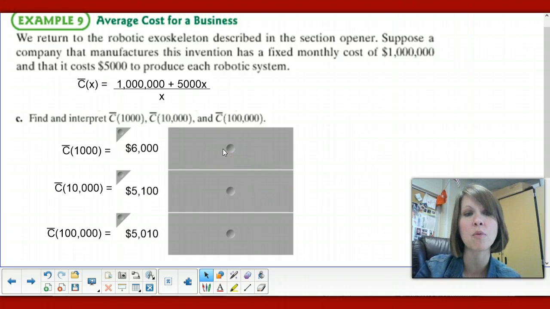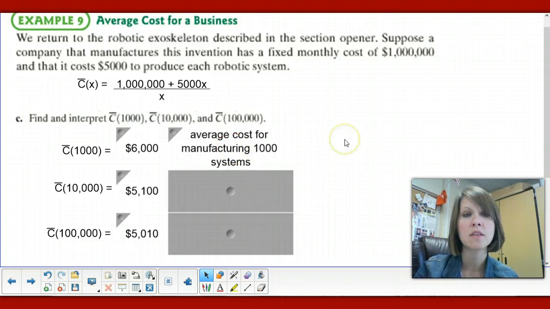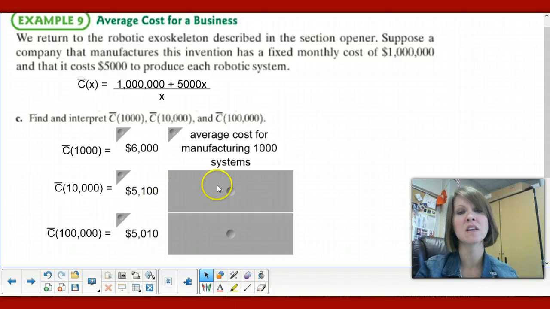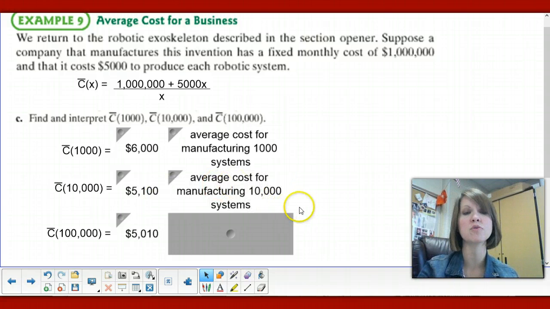Well, what does that mean? And you've heard me say it with my words. The average cost of manufacturing 1,000 systems, I should have included in here, is $6,000 each. Or I could say $5,100 is the average cost for producing each of the 10,000 systems.